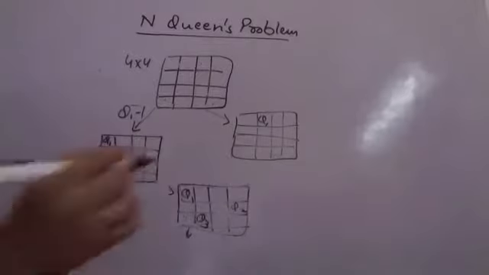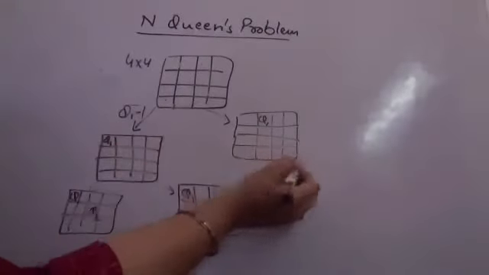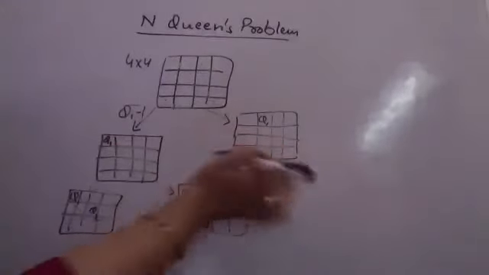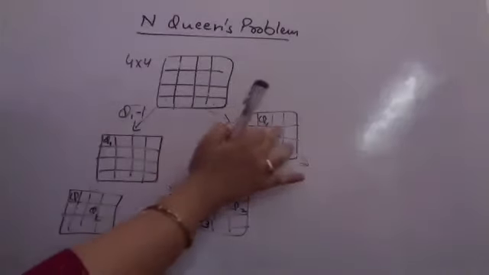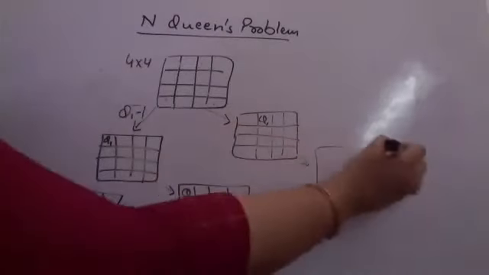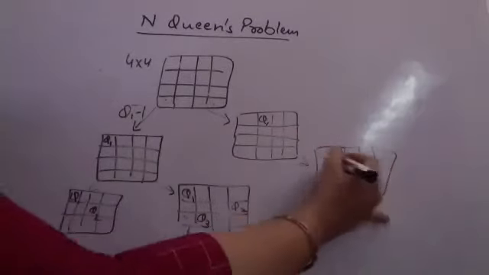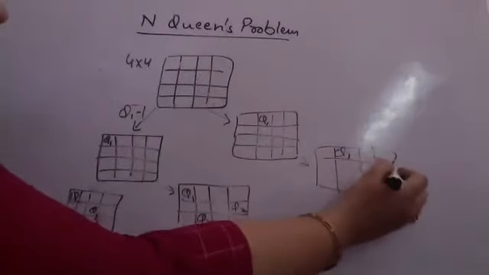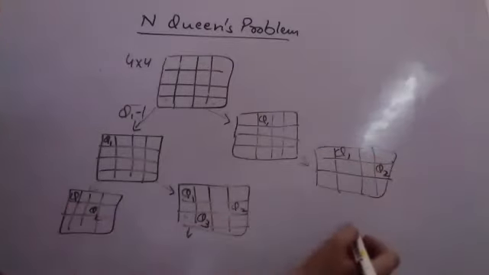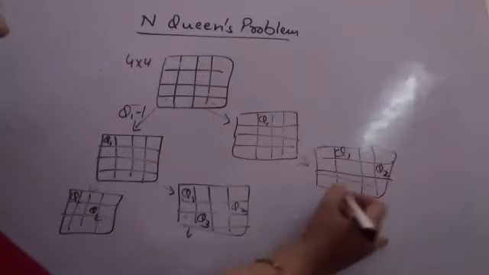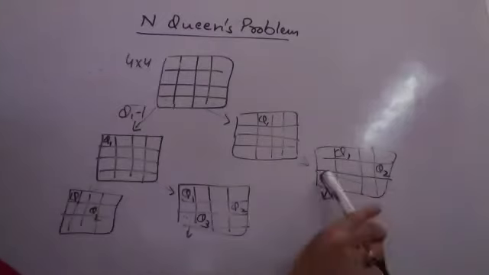Here I will try to put Q2. Now the only feasible place for Q2 in this solution is column 4. Since Q1 is in column 2, I will be putting Q2 in column 4. Then after this, Q3 can be placed in column 1.